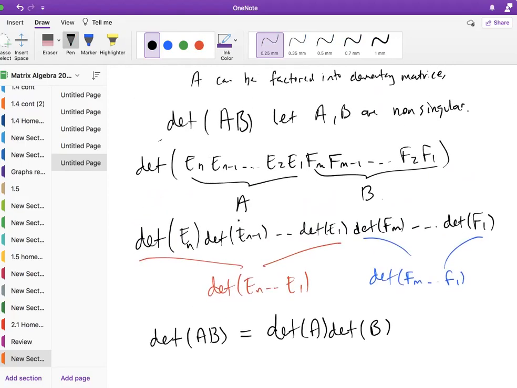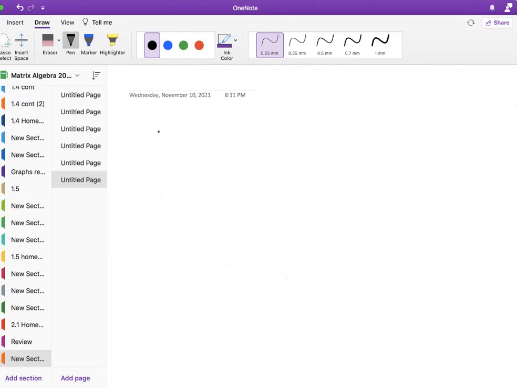If we know it's true for elementary matrices, then because all non-singular matrices have such a decomposition, it's true. Okay, let's think about, well, what if A is singular? Let's say B is non-singular.